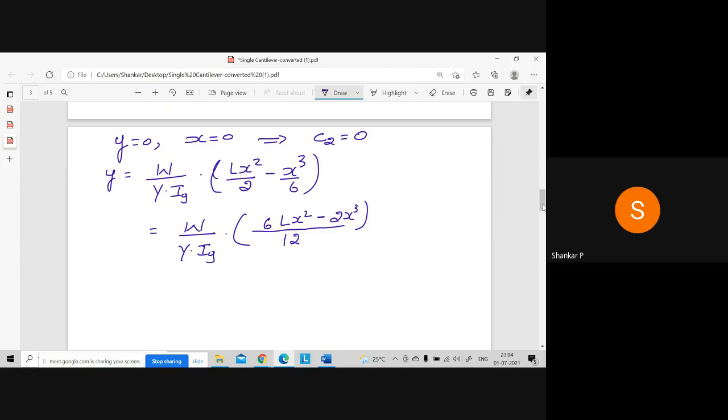And now by substituting x is equal to L, right?